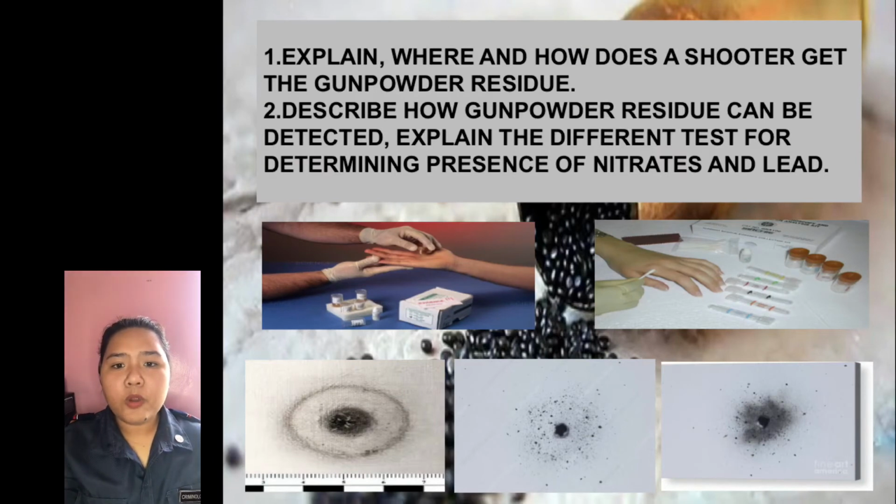So next is, where and how does the shooter get the gunpowder residue? When a gun is fired, gunshot residue particles are produced. Small particles produced during the gunpowder explosion are emitted from the back of the weapon and the muzzle. These particles fly onto the skin and clothing of the person holding the gun.